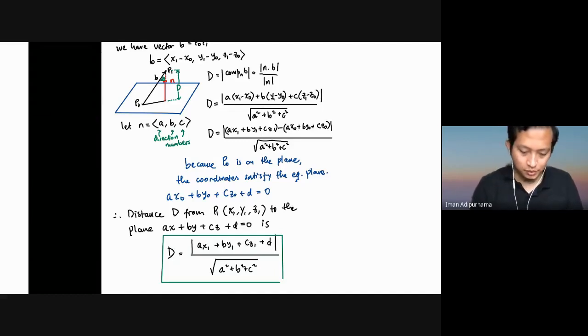So distance D from the point P1, sorry, to the plane.